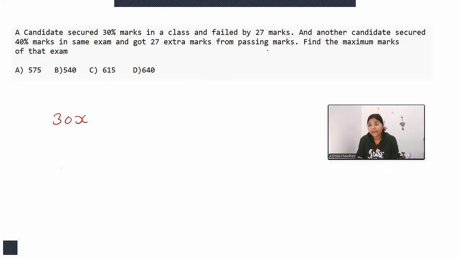That means in passing, he was lacking 27. So, 27, I will take it here. And another candidate secured 40% marks in the same exam and got 27 extra. So he got 40x marks, and extra he got 27 from the passing, right? So now it is the equation, simple, let's solve it.